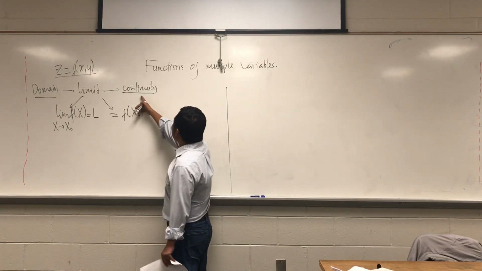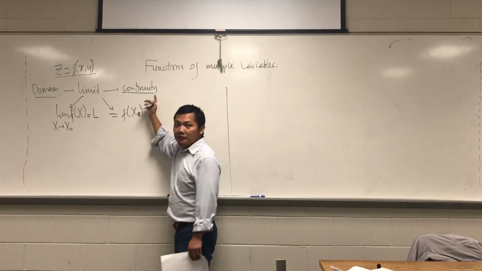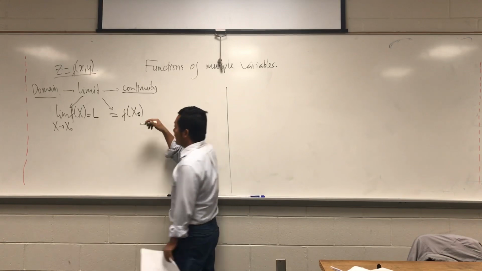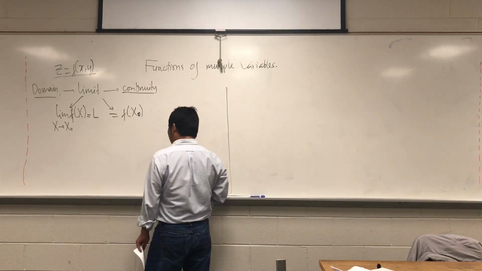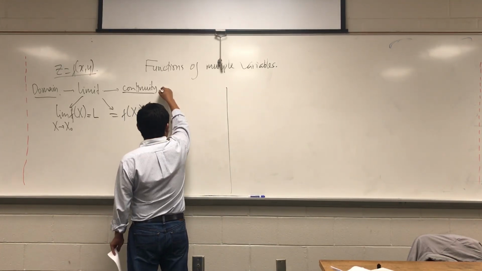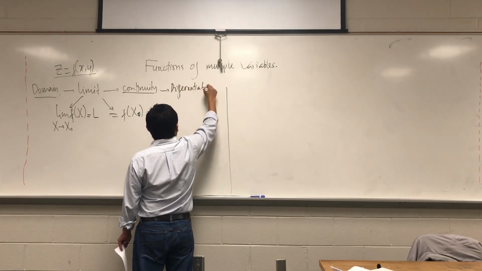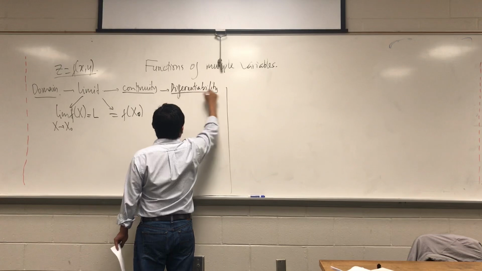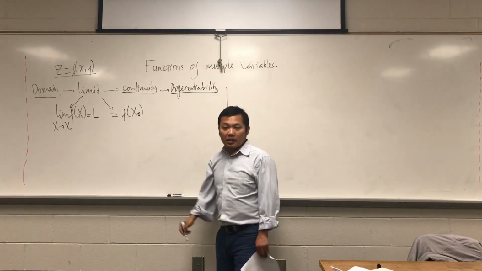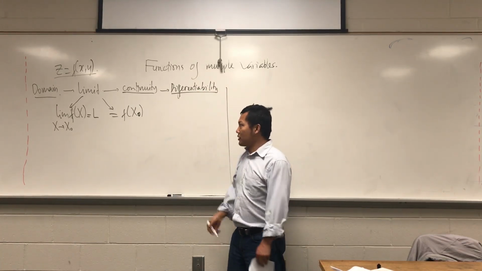And after continuity, we consider differentiability. Here is the big difference between calculus 1 and calculus 3. What is the difference? In calculus 1, we have the first derivative, second derivative.